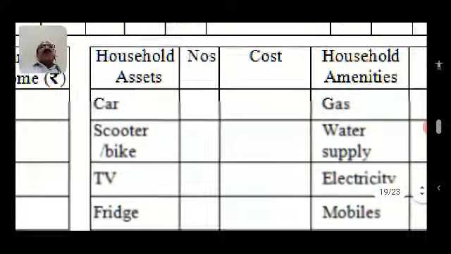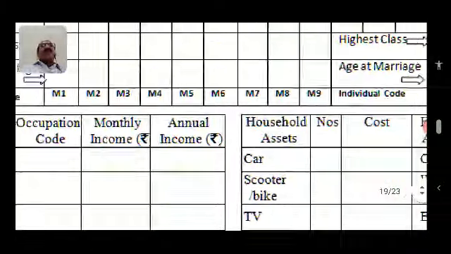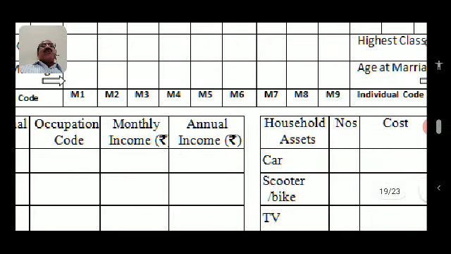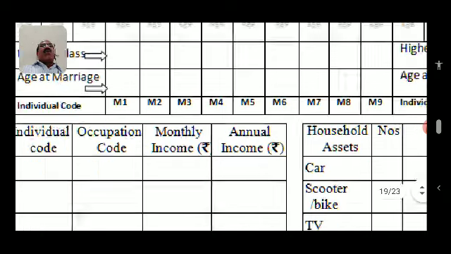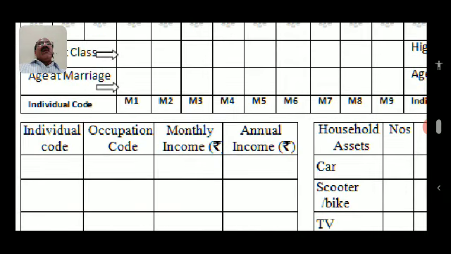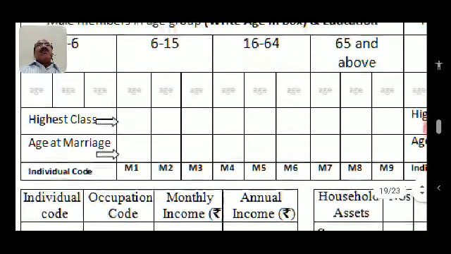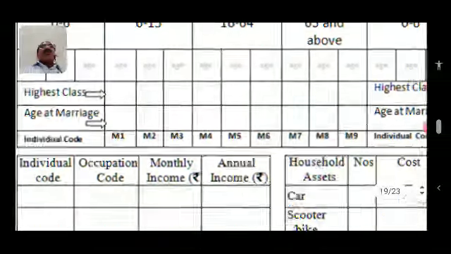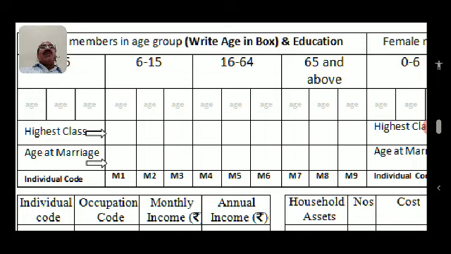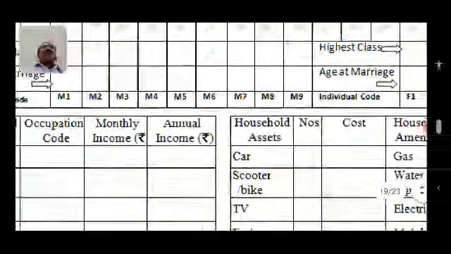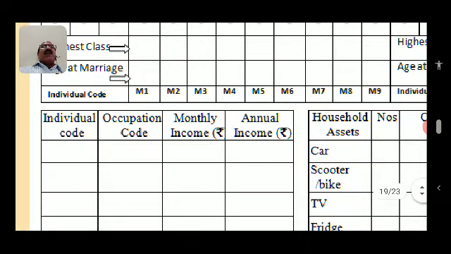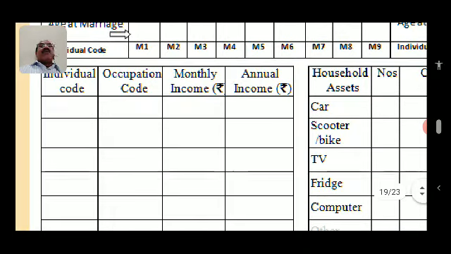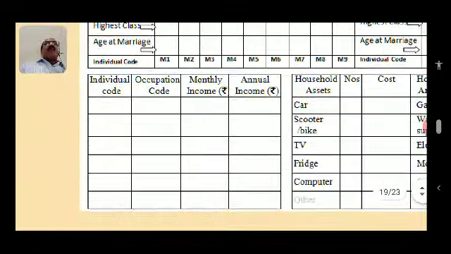See M1, M2, M3, M4, M5, M6. Because in this occupation we have completely excluded which group? 0 to 6 age group. So here also, 6 to 15, you can say child labor if anybody is engaged in that way. So it gives flexibility as well as connectivity or linkages between the questionnaires you have framed.